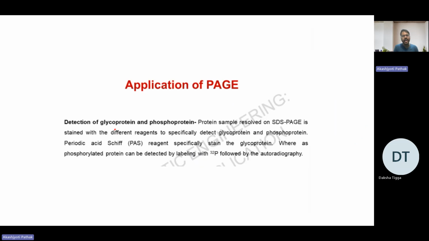If you want to detect a glycoprotein and phosphoprotein: for glycoprotein, you add the periodic acid Schiff reagent, which specifically stains the glycoprotein. A glycoprotein is your protein which is attached to some carbohydrate molecule.